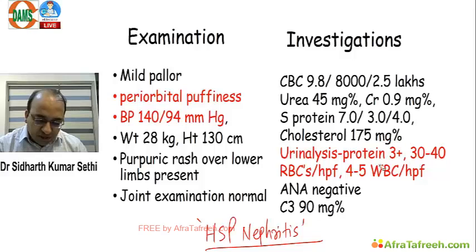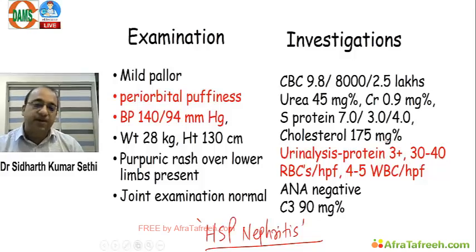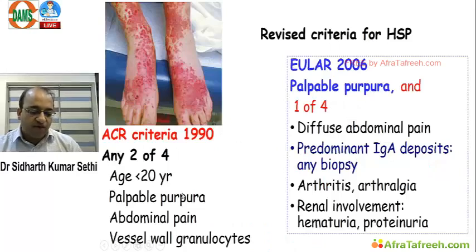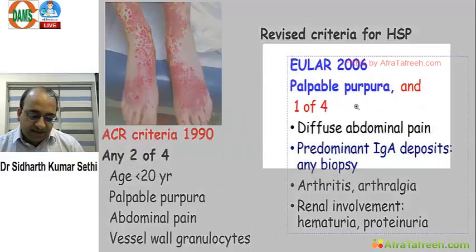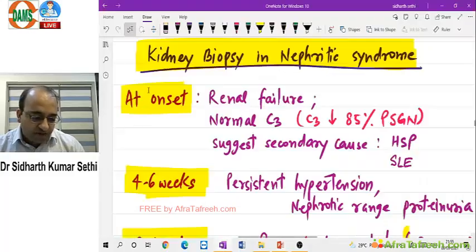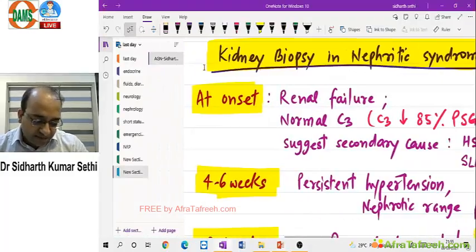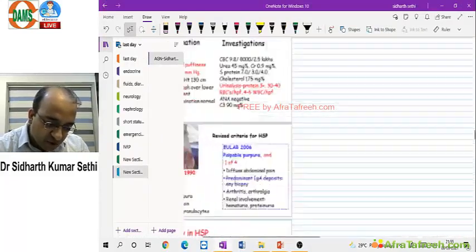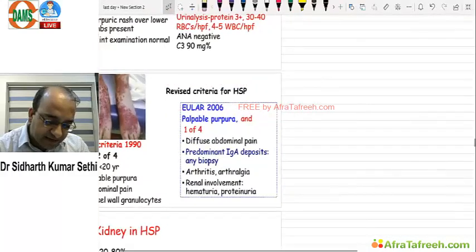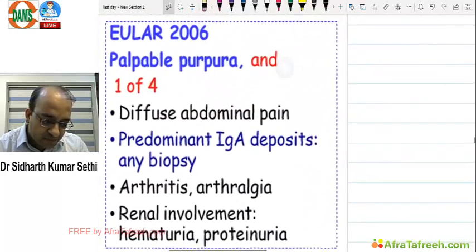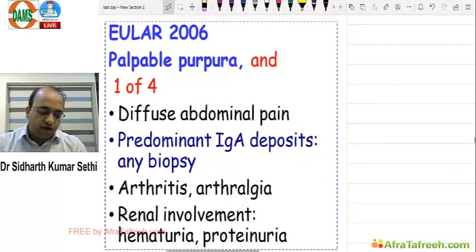Ruchita, you're right. This is HSP nephritis. Okay. So all of you, I would like your attention here to the latest criteria. According to the European Society of Rheumatology, there are some revised criteria for HSP, और इसको कहते हैं EULAR.